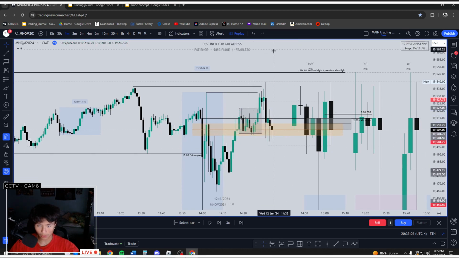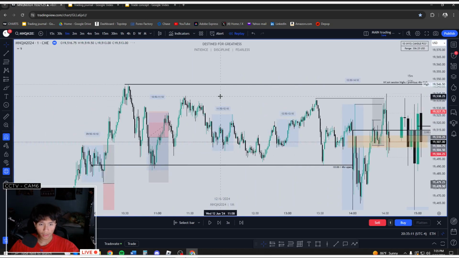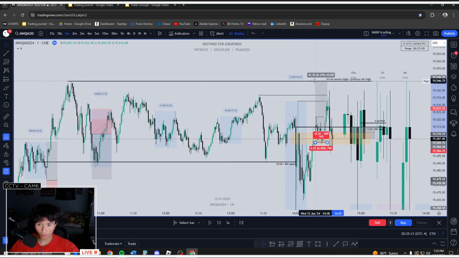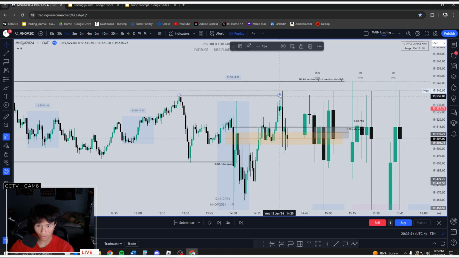So basically I just moved it to break even after taking out this high, this high, this high, and overall trading up to this high. I wanted to get up to here with prices, but nope. After we take out this high, I am stopped at break even.